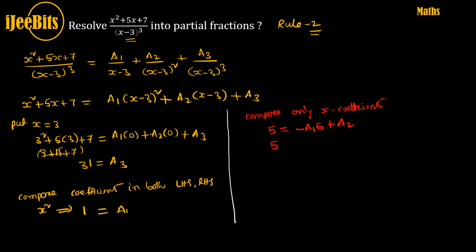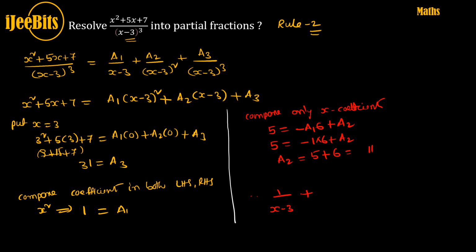So 5 equals minus 1 into 6 plus a2. So how much is a2 now? 5, this is minus 6. If you move it to the left, minus becomes plus, so plus 6. So a2 is 11.